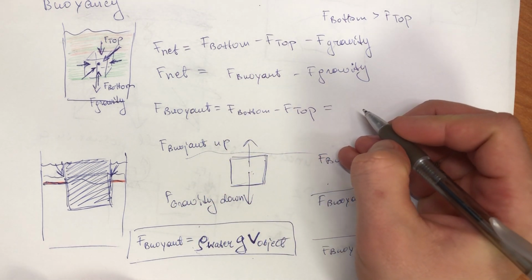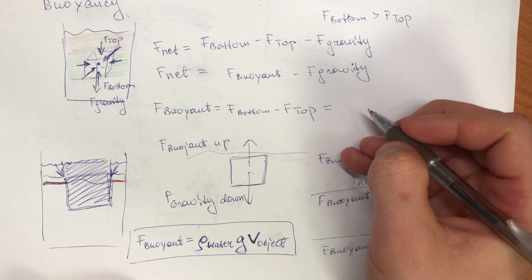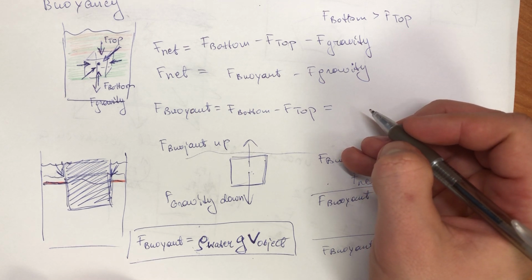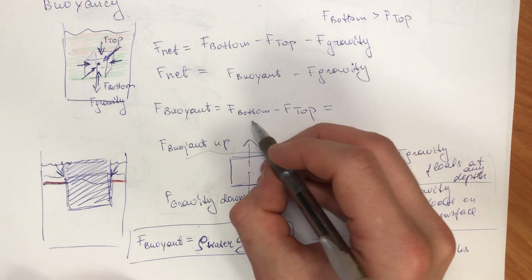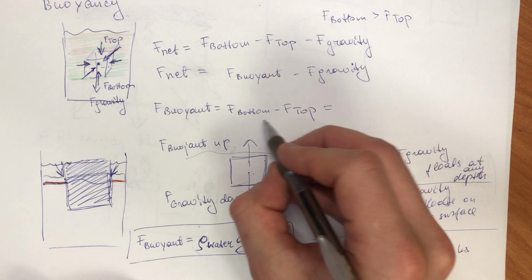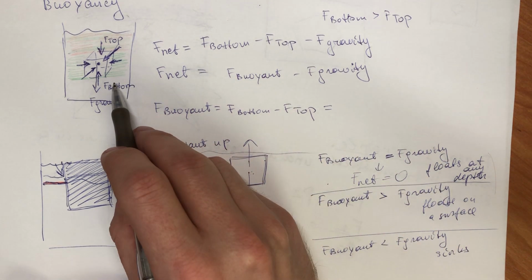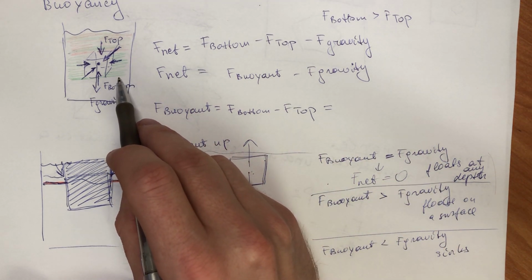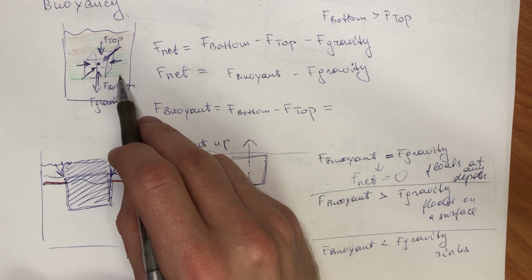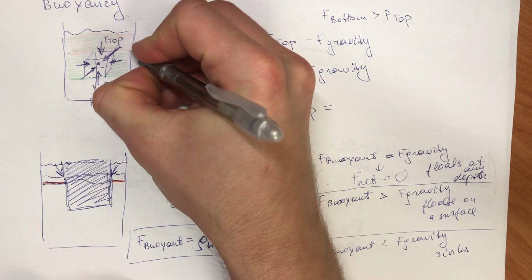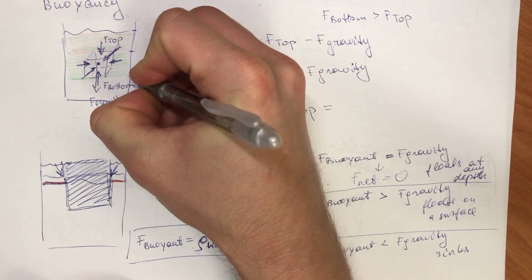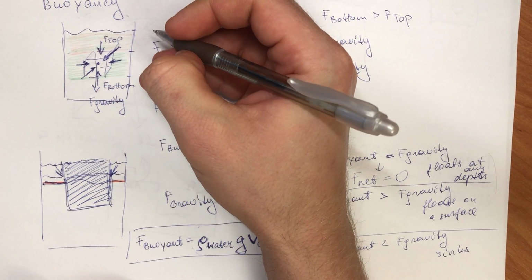So we can write that F bottom is what? It is the difference between two hydrostatic pressures. Let's mark this in three parts.